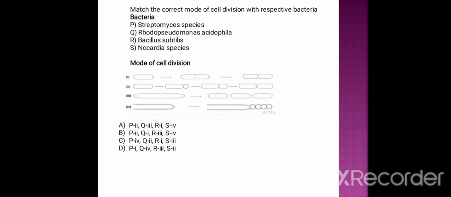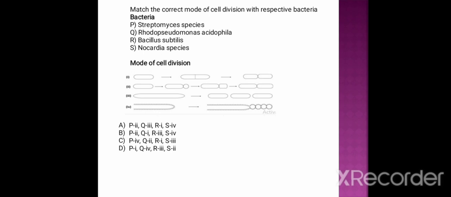In option 1, a septum or crosswall is formed at the middle of the cell, and it causes production of 2 equal size cells. In option 2, a small bud or protuberance is formed at the end of the cell that eventually enlarges and separates and forms 2 cells.